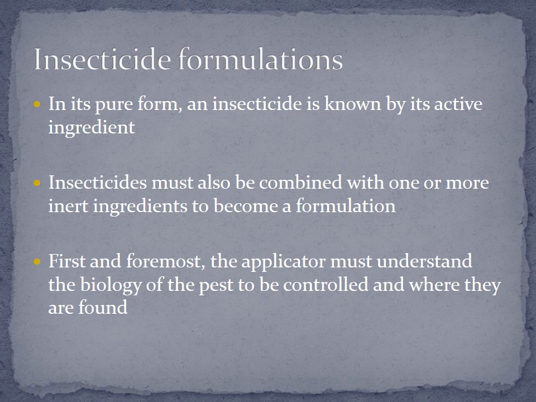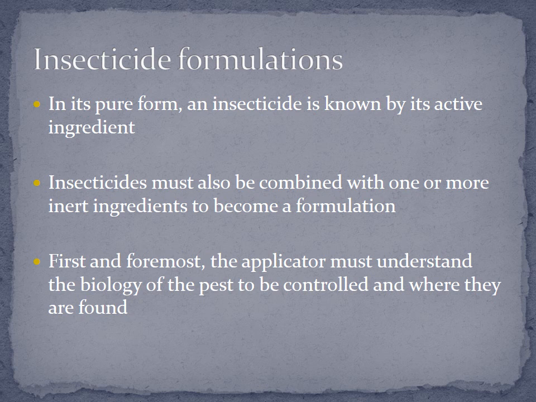Obviously, insecticides are also mixed with inert ingredients as well as active ingredients. If you look on the label, a lot of times you may see 2 to 3% of the active ingredients in the insecticide, the rest is an inert ingredient. But the inert ingredients may also help the effectiveness of the active ingredients. So keep in mind, these two products work together even though one of them is the actual active ingredient.